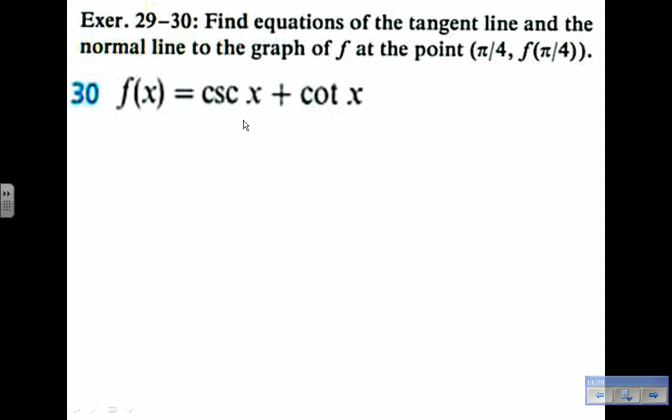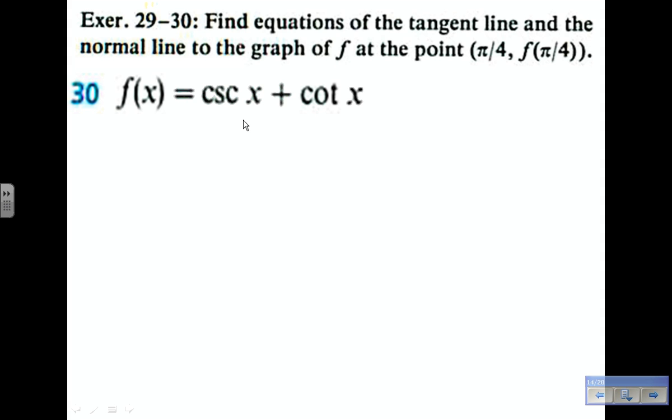The normal line equals the opposite reciprocal of the tangent, or negative 1 over f prime of a. A is like the x value that you're finding the equation or the point. So in this case, A is pi over 4.